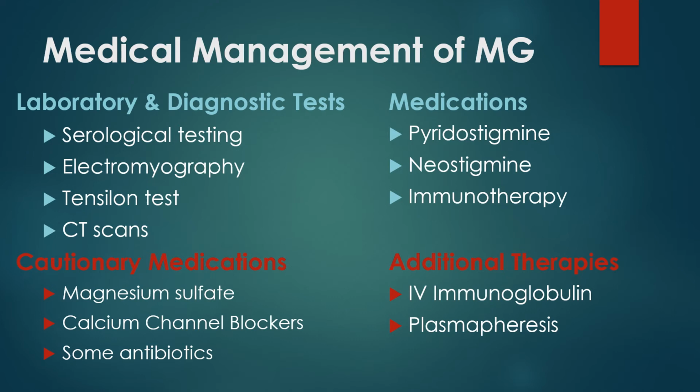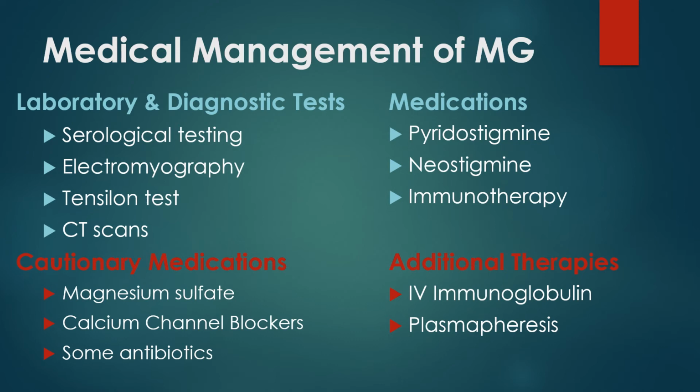Cautionary medications are labeled such because they can have an adverse effect on neuromuscular transmission and may lead to increased weakness. Remember that antacids and laxatives contain magnesium, and magnesium can inhibit release of ACH.